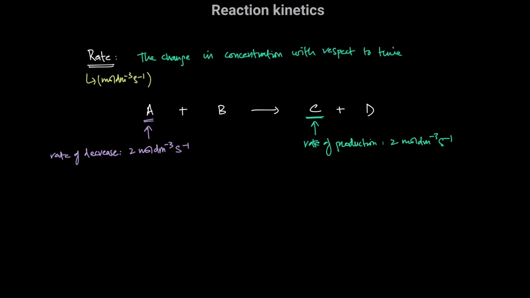So for example, let's say that this was experiment 1. In experiment 1, at t equals 0, I had this rate of decrease of A, and this was the rate of production of C. Now let's say in experiment 2, I want to know the effect of the concentration of A on the rate of the reaction.